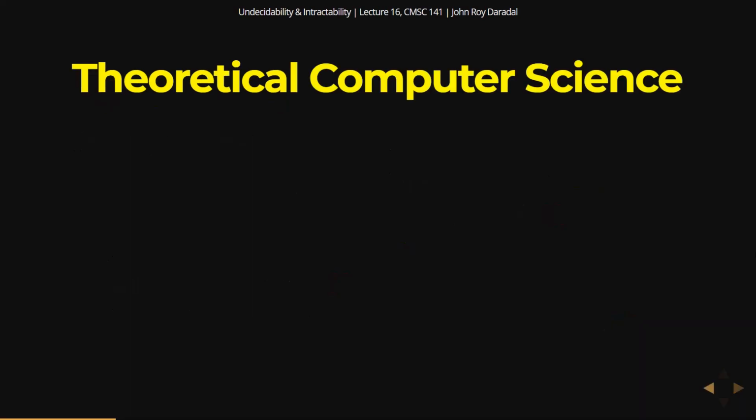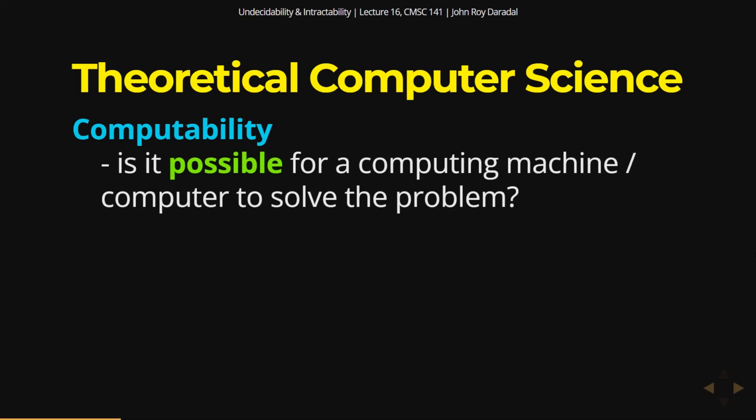So that's a little exercise on determining if a problem is a computer problem or not. Now, we are actually in the part of theoretical computer science in ComSci 141. Theoretical computer science has two main branches: computability and complexity. Computability focuses on the problem: is it possible for a computing machine or a computer to solve this problem?